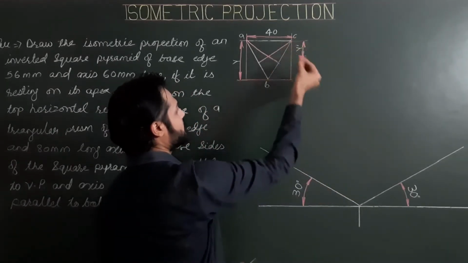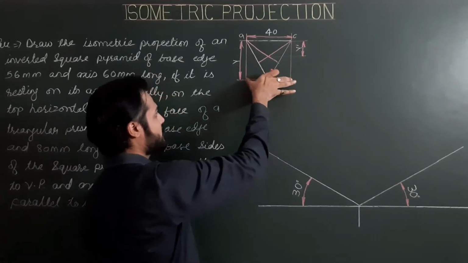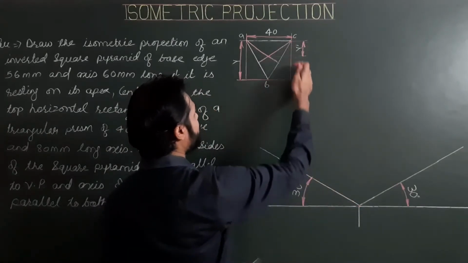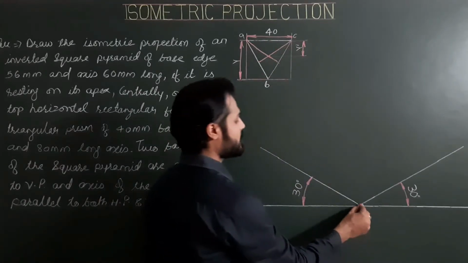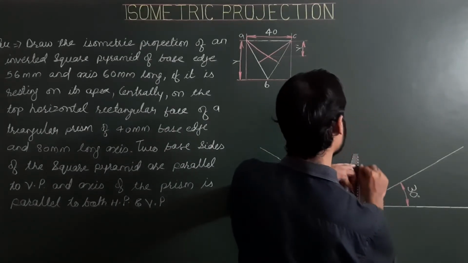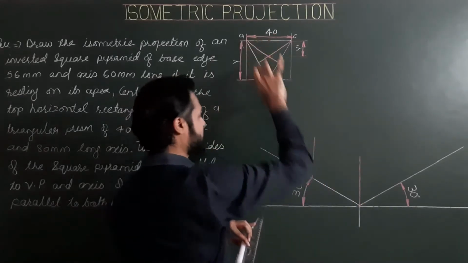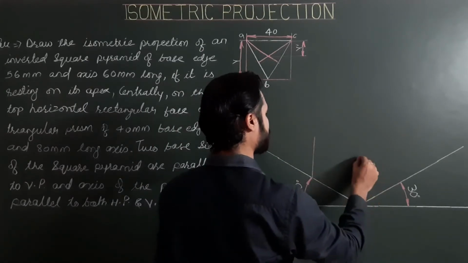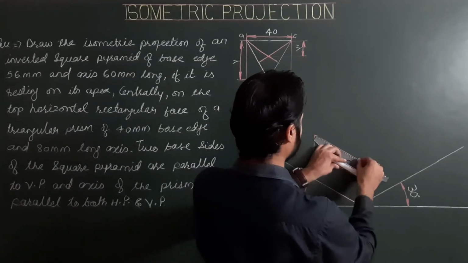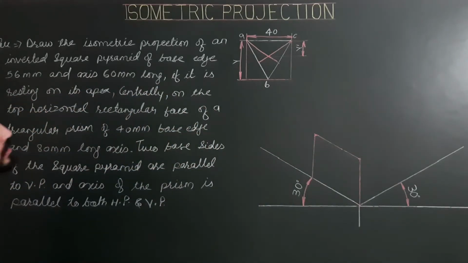Starting from this corner, this is my first corner, this is the distance which we have to mark along the first iso axis, and vertically we have to mark Y. So from the first and second corner, drawing lines parallel to the third or vertical axis for a length of Y. So this is the helping figure for the triangular base.